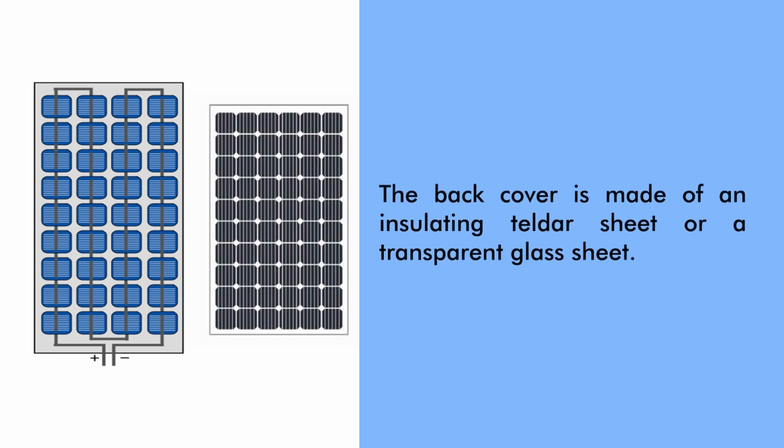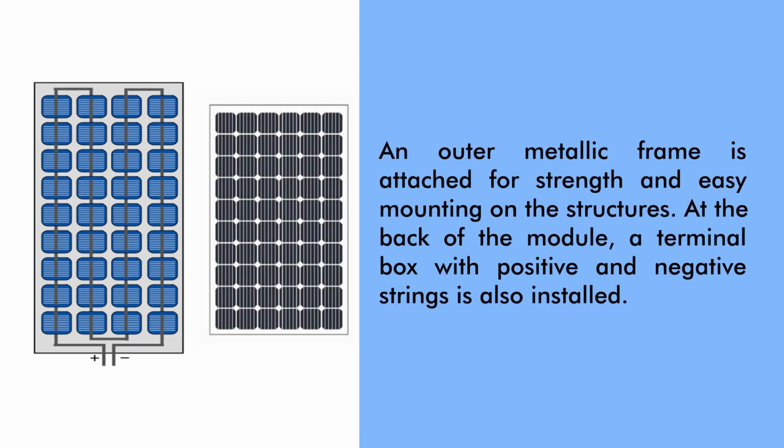The back cover is made of an insulating Tedlar sheet or a transparent glass sheet. An outer metallic frame is attached for strength and easy mounting on the structure. At the back of the module, a terminal box with positive and negative terminals is also installed.